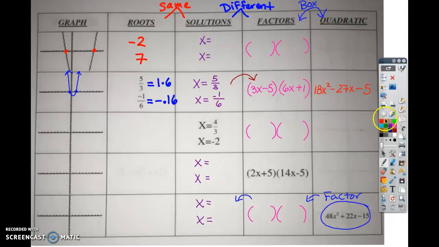For example, let's do this one. Let's find the solutions. Remember, put 2x plus 5 equal to 0, solve. 14x minus 5 equal to 0, and solve.